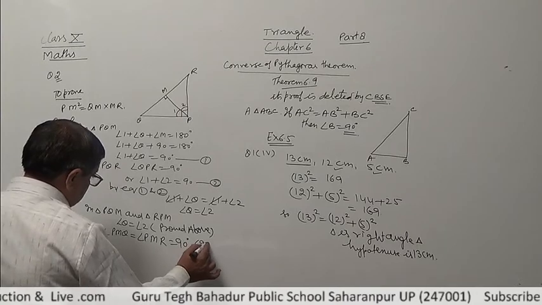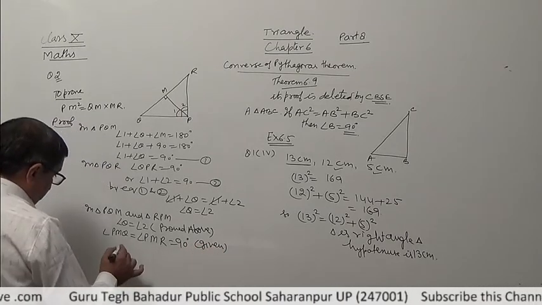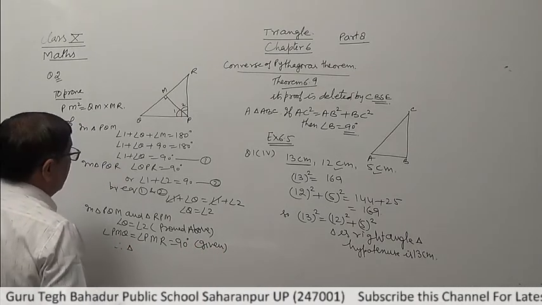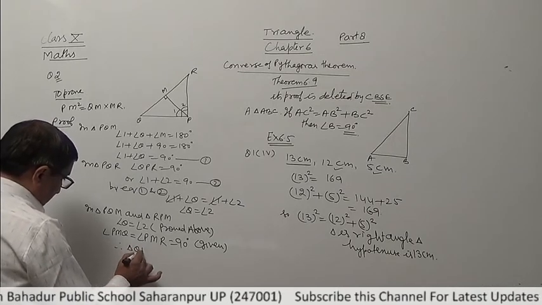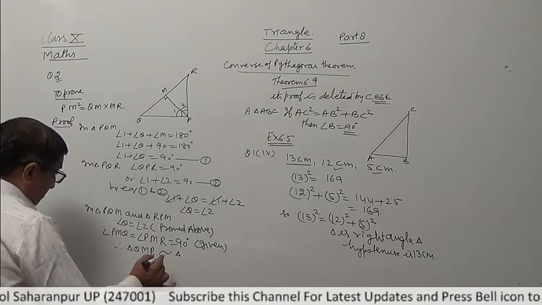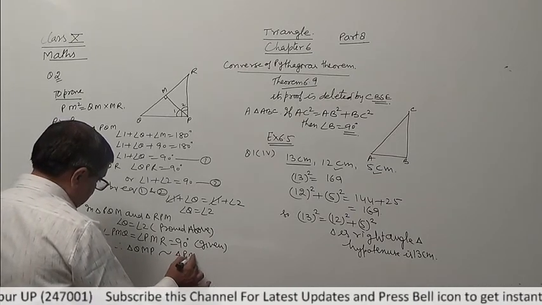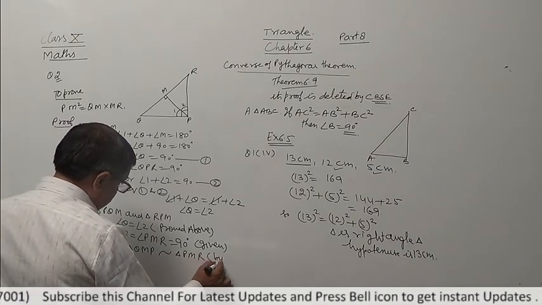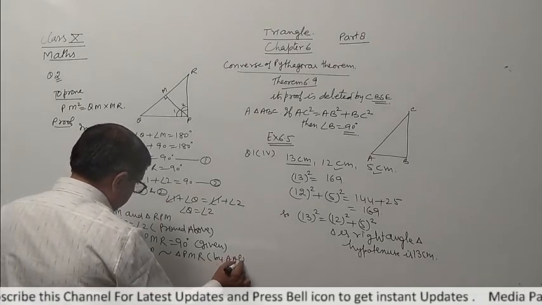It is given. Therefore, triangle QMP is similar to triangle PMR by AA property.